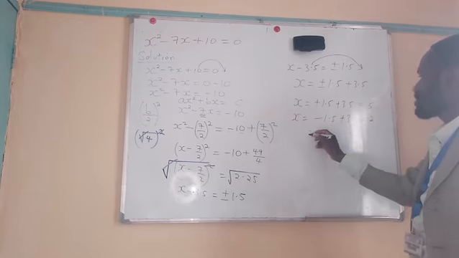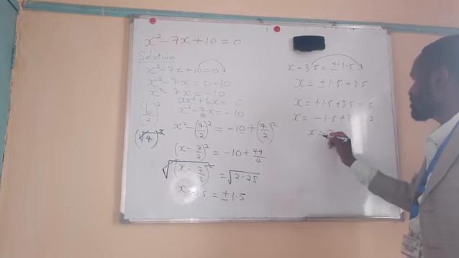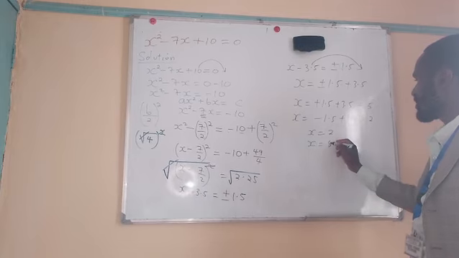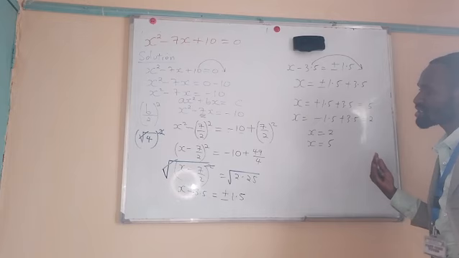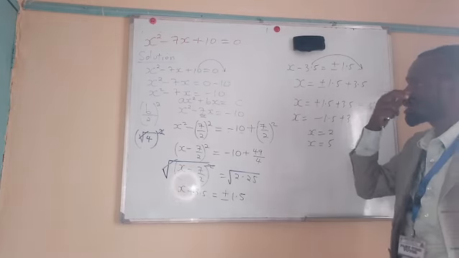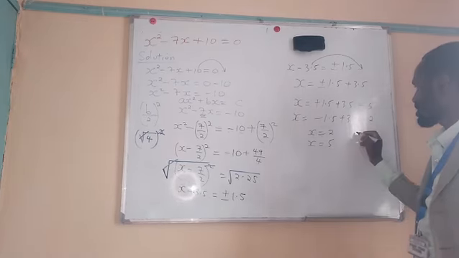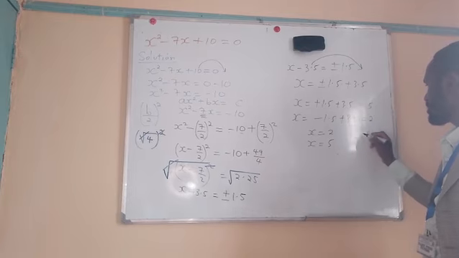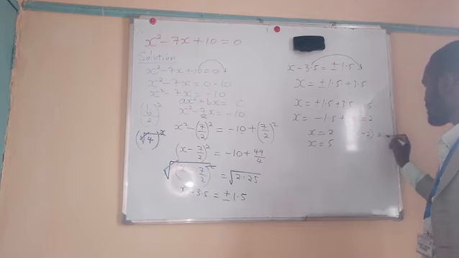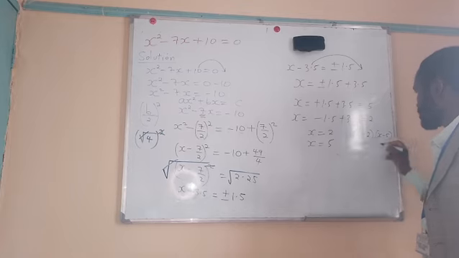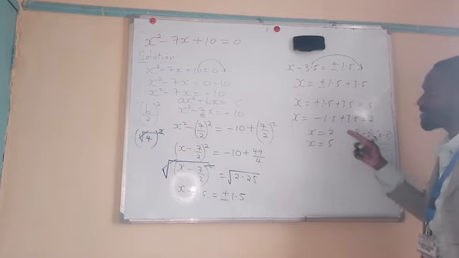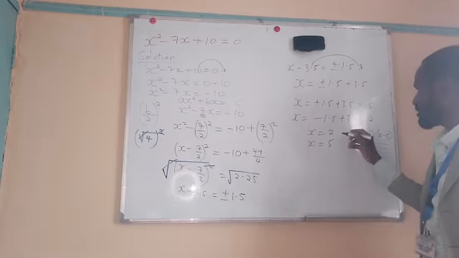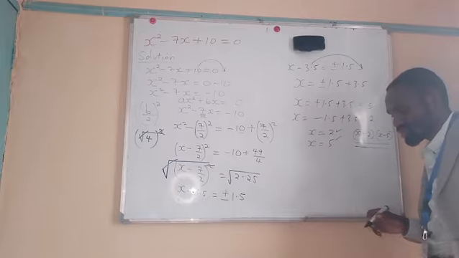So your values of x are x is equal to 2 and x is equal to 5. If told to write down the expressions that satisfy that working, you can come up with x minus 2, then x minus 5. Those are the two expressions that can be multiplied to get that as our answer. But literally the values of x are 2 and 5.